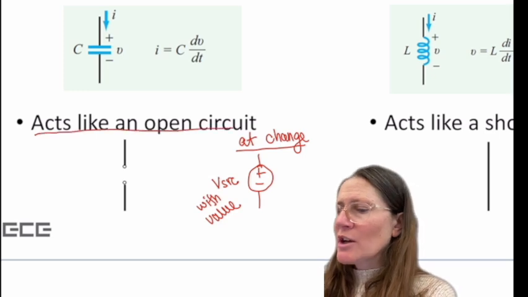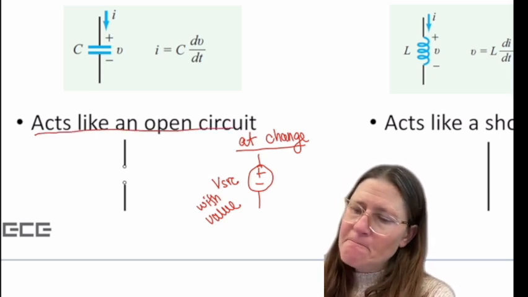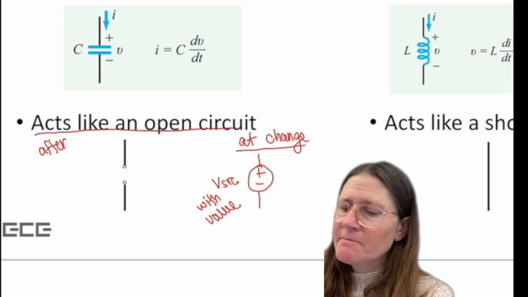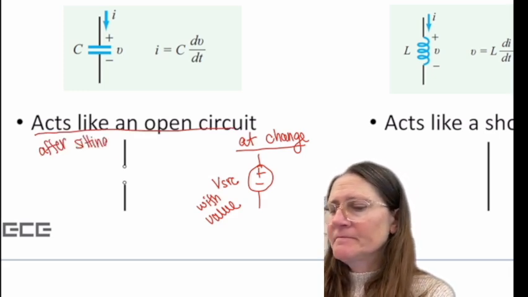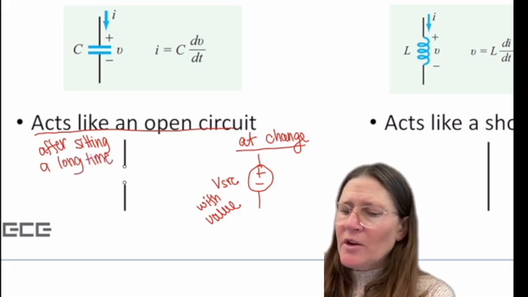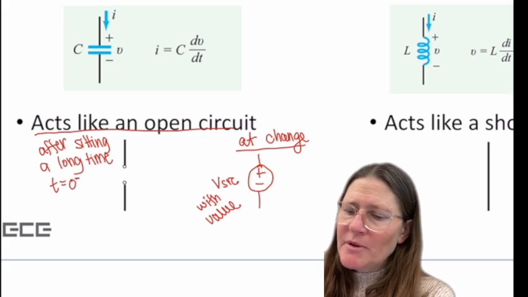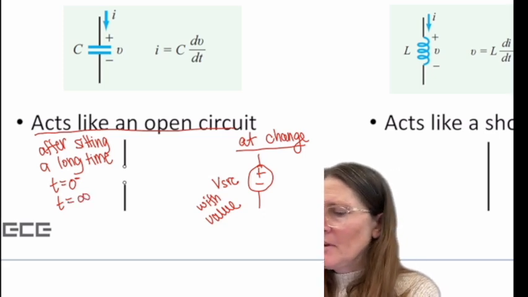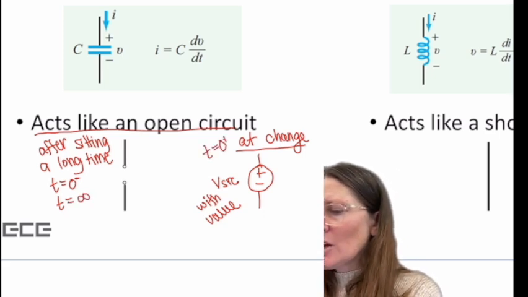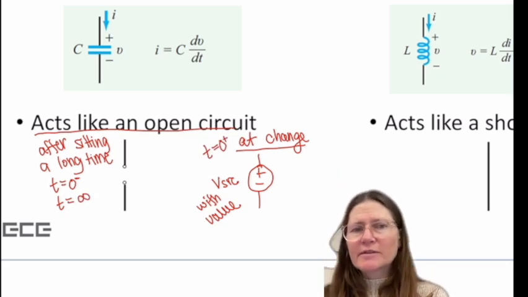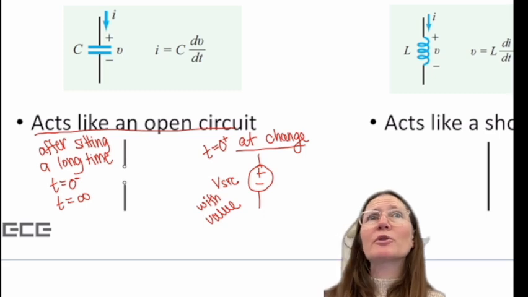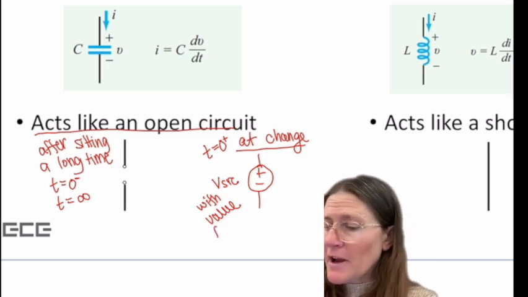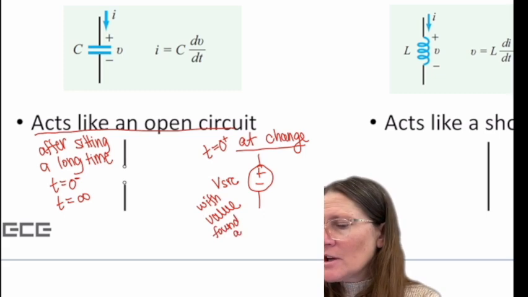So we say this is the time right before the change and the time at infinity. At the change, right at t equals 0 plus, you replace it with a voltage source with the value found at t equals 0 minus.